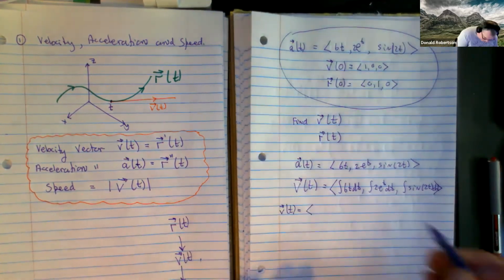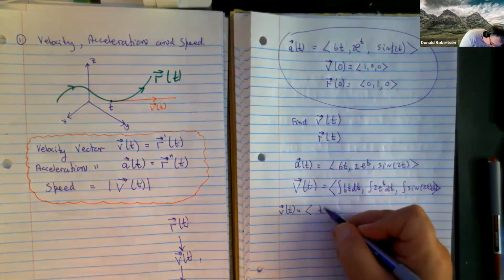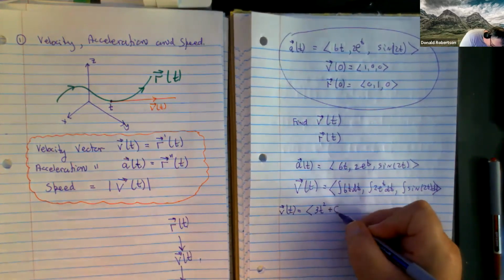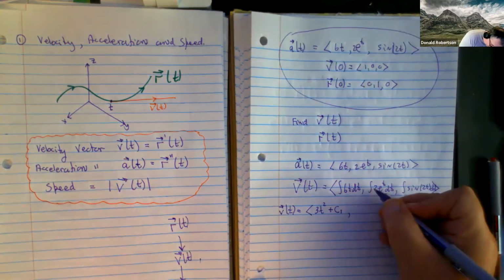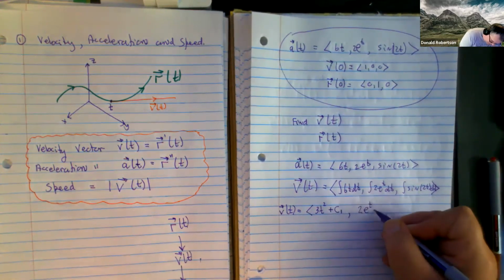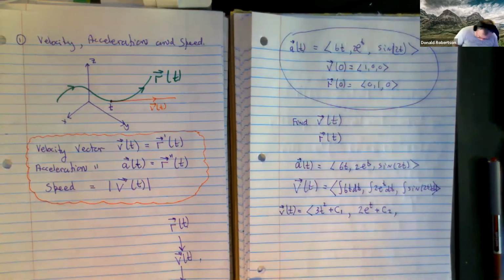Now, there is a little hiccup that we have to deal with. If you integrate 6t, you add 1 to the power and then divide by the new power, and then you should have plus an arbitrary constant, which I'm going to call C1. If you integrate 2e to the t, you will still get 2e to the t plus an arbitrary constant, which I'm going to call C2.